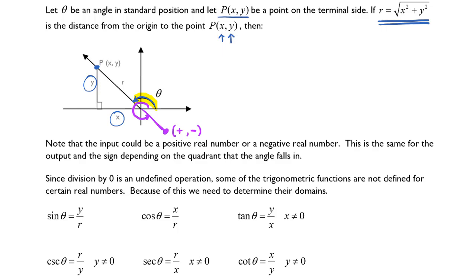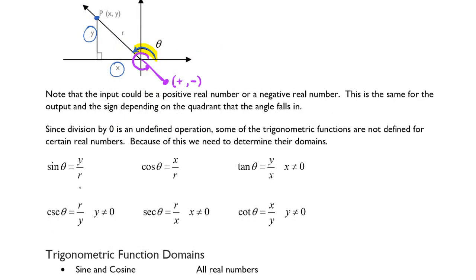This is the same for output and the sign, depending on the quadrant that the angle falls in. Since division by zero is an undefined operation, some of the trigonometric functions are not defined for certain real numbers. Because of this, we need to determine their domain.